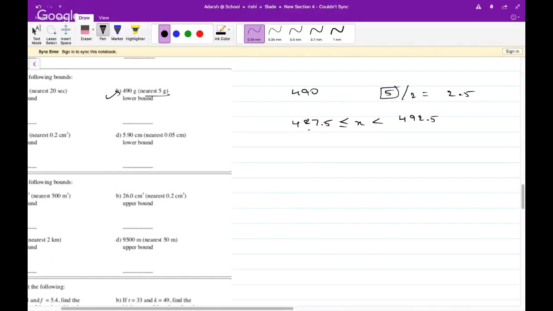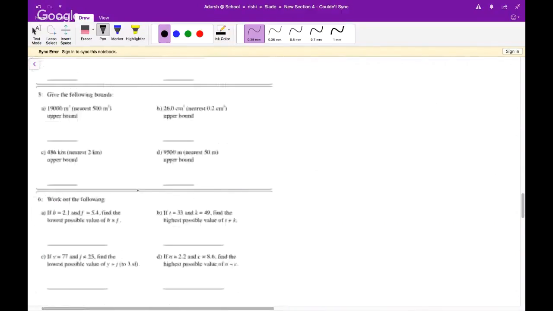So this is your lower bound. The question was to find the lower bound, so it is 487.5. Hopefully you will be able to solve the rest of the questions.